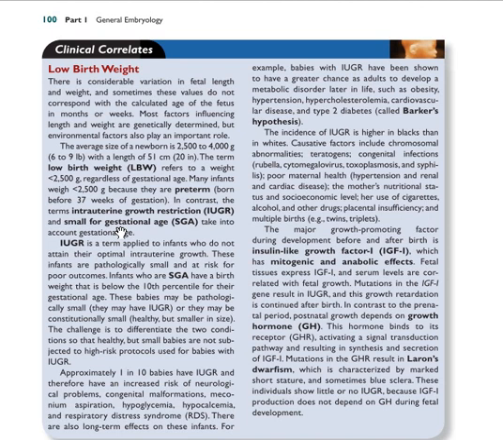Small for gestational age is defined as the birth weight which is less than the 10th percentile of the population of the same gestational age. I hope you are understanding what I just said.